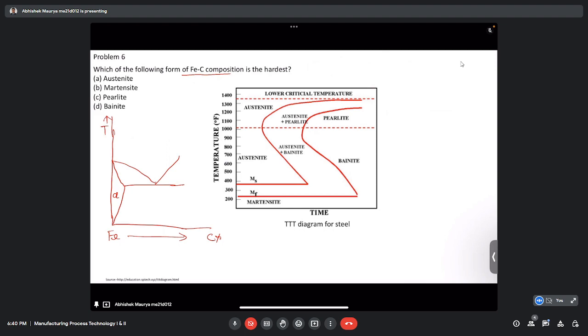Above this, what do we get? If we keep on increasing the temperature of alpha ferrite, then after a certain temperature, if we take any composition, say here, and heat it, then in this region the alpha ferrite will transform into the gamma, which is called austenite.